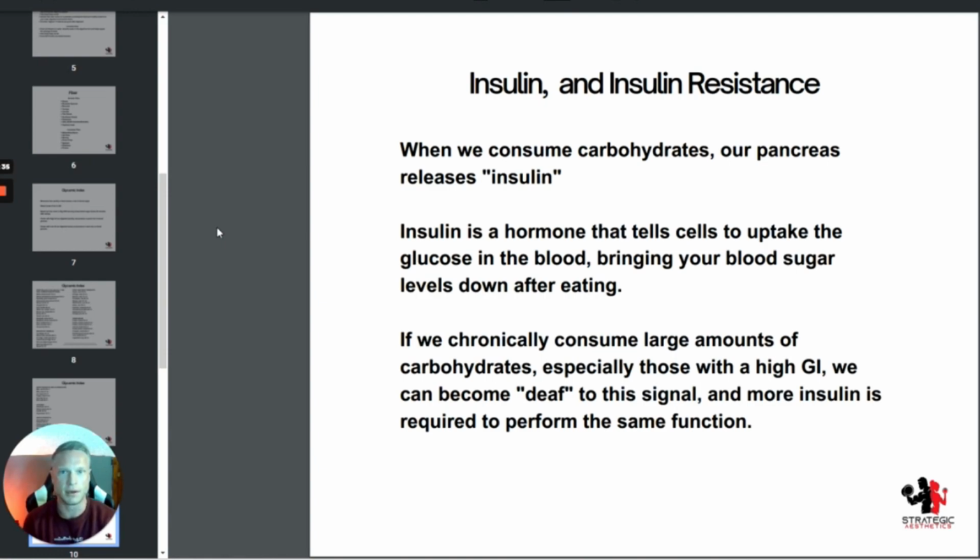Now, for 90% of people, except our bodybuilders that are getting pretty high in food, it's pretty difficult to do this with all whole foods. So when we see this, it's typically a large amount of sugary drinks or candy, or just chronic overconsumption over time.